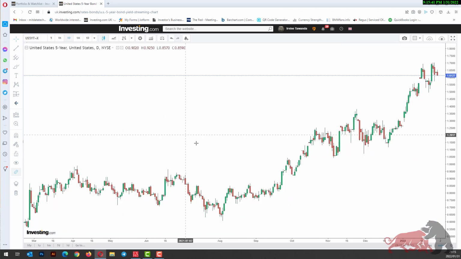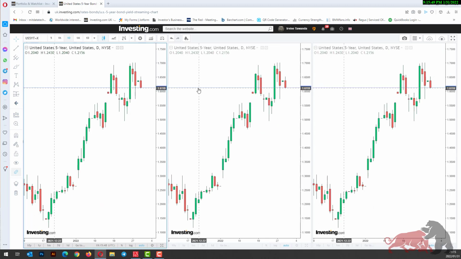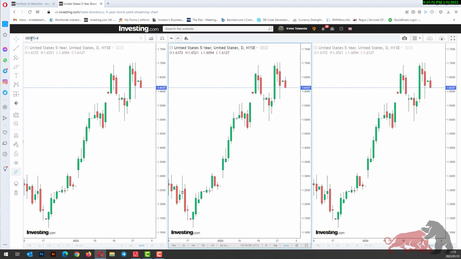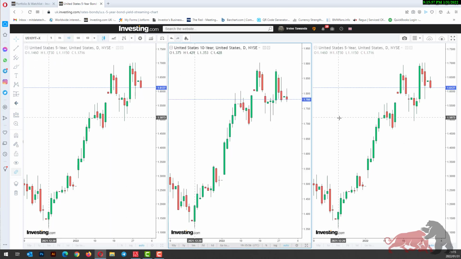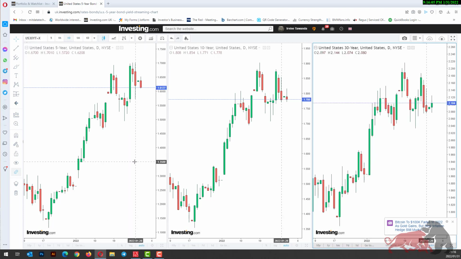So I'm going to go to the daily chart. So this is the 5-year bond yield. I'm going to also put the 10-year and the 30-year just to take a glance. So you see, guys, this is something that you have to do mostly on day close, right? With the daily candles close, so that you get a picture of what has happened in the markets.